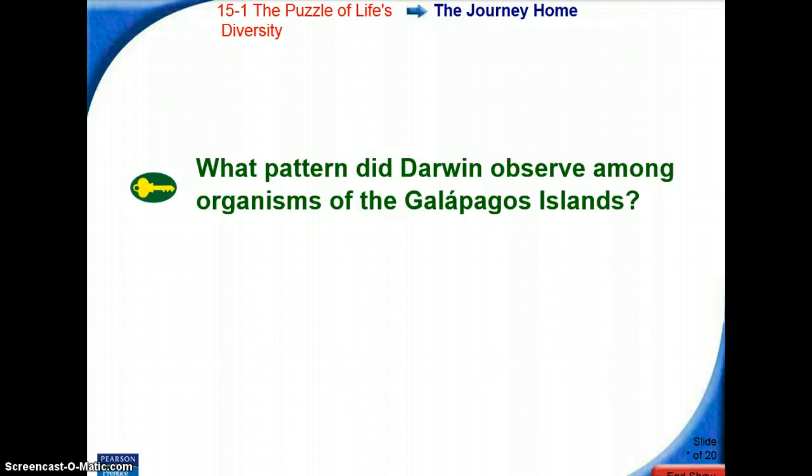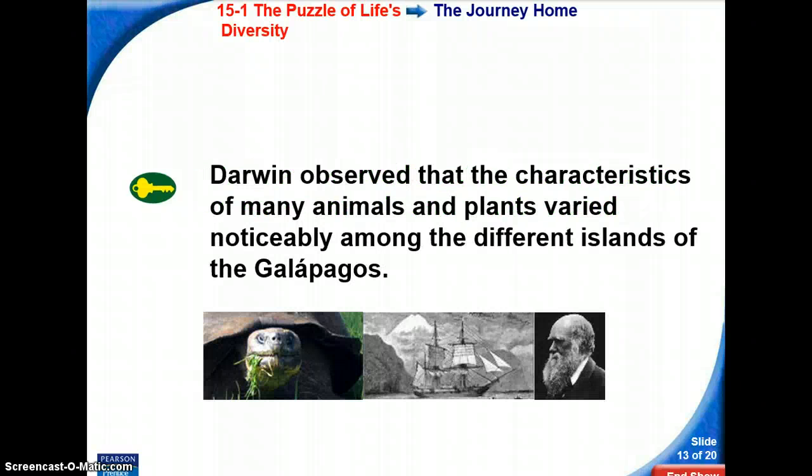So our last key concept question here asks, what pattern did Darwin observe among organisms of the Galapagos Islands? And what he observed was that the characteristics of many animals and plants varied noticeably among the different islands of the Galapagos.